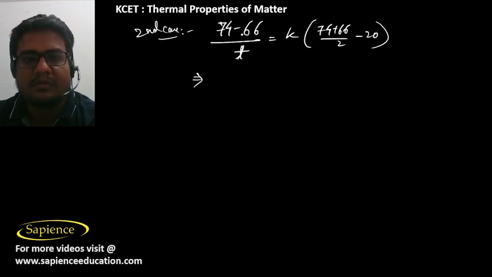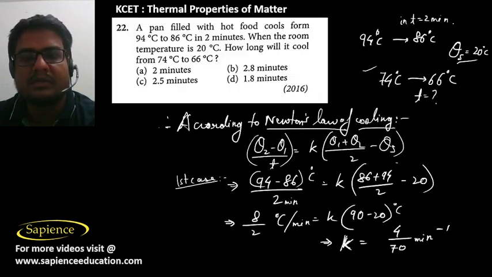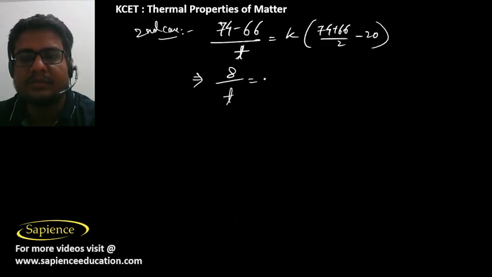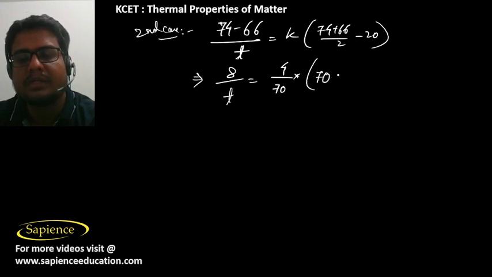So this will be 74 minus 66, that is 8, 8 by t is equal to k, which is 4 by 70, into (140 by 2, that is 70, minus 20), so that is 50. So 8 by t is equal to 4 by 70 into 50.